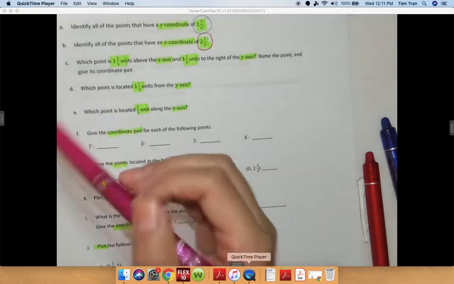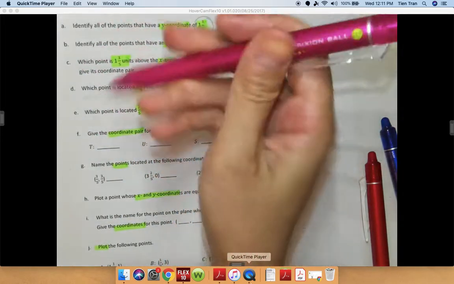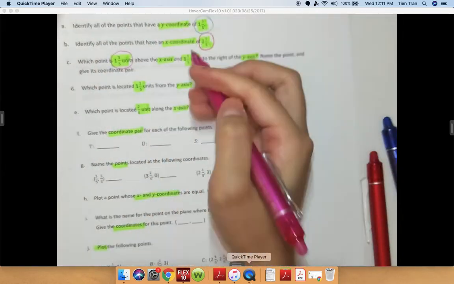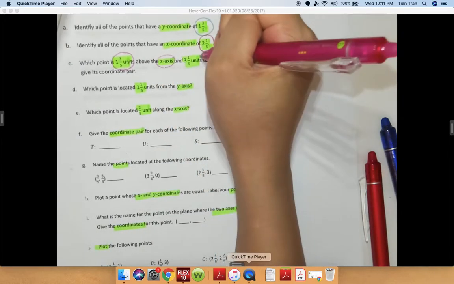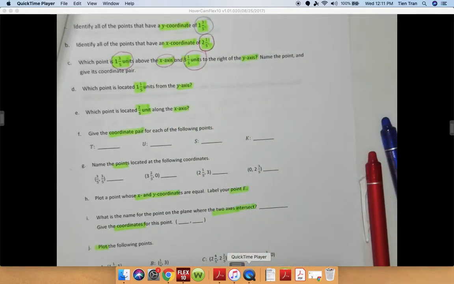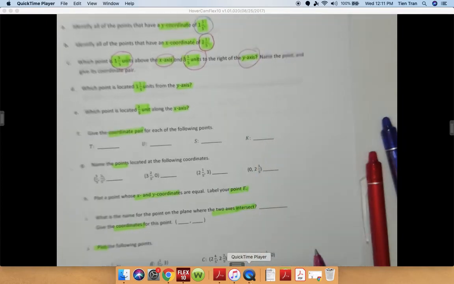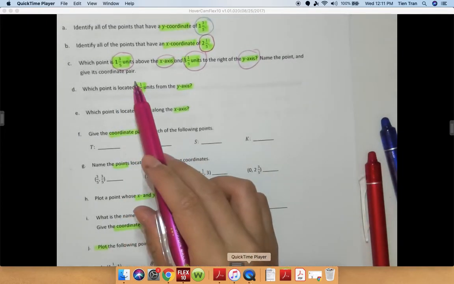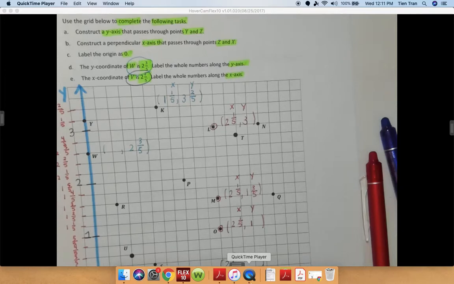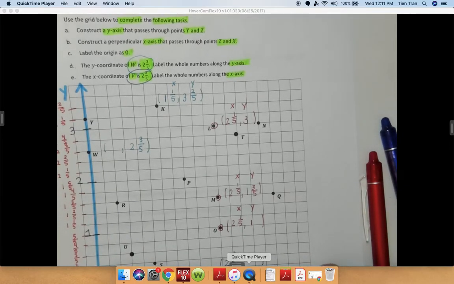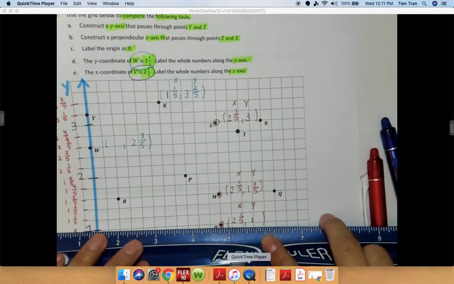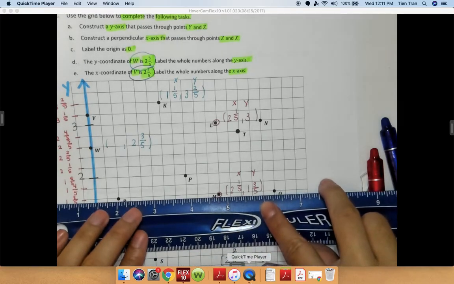For problem C, it says right here, which point is 1 and 3/5 units above the x-axis and 3 and 1/5 units to the right of the y-axis. So what they're looking for is 1 and 3/5 units above the x-axis. So 1 is right here. 1 and 3/5 is right here.